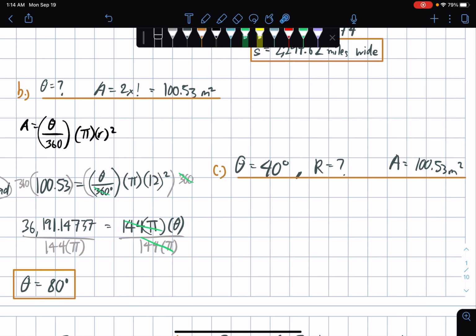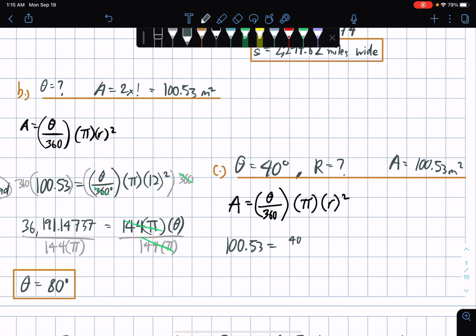This time we have the theta value and the area. The radius is missing. So area is equal to theta over 360 times pi times radius raised to 2. So area is 100.53 meter squared, but I don't really have to write the units anymore since it won't be applicable to the calculator.